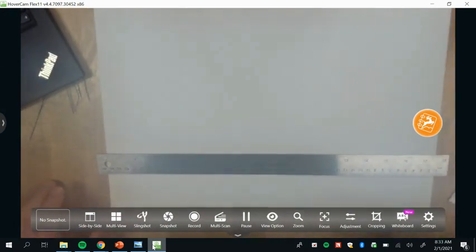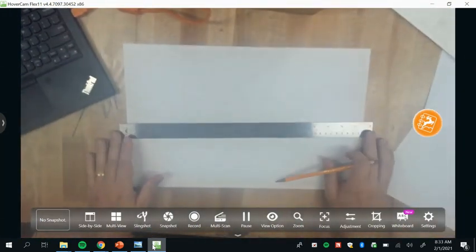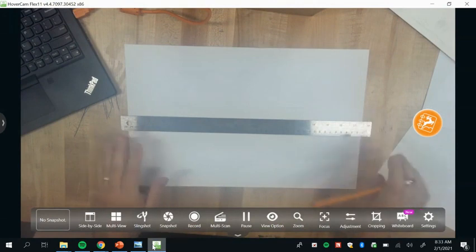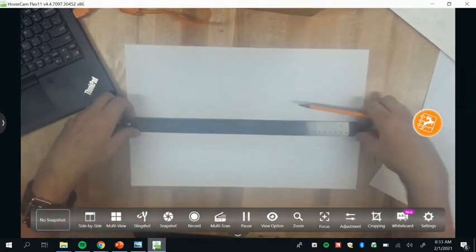Here's what I want you to do. I want you to get a large sheet of paper, and we are not going to do a border this time. Somewhere in the middle of your large sheet of paper, I'm going to draw a light line across the middle, and notice that the camera can barely see that line.